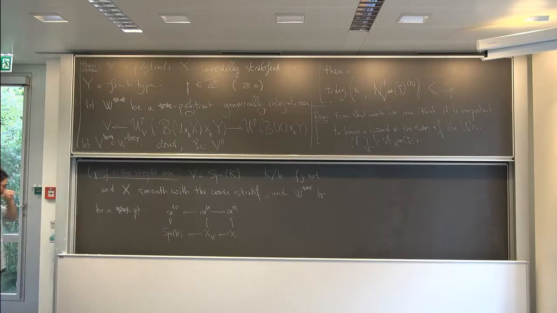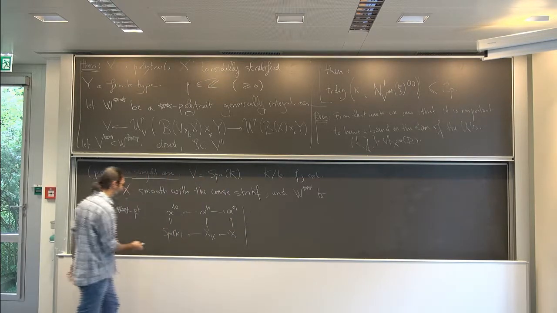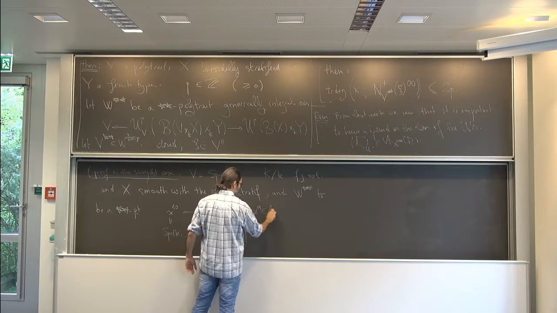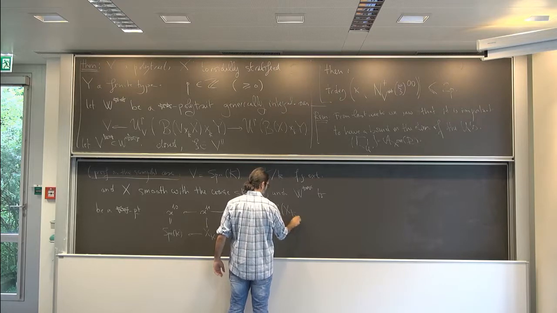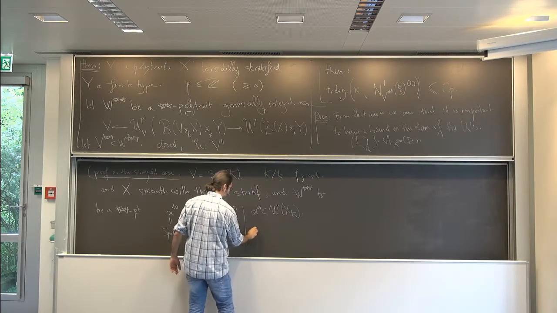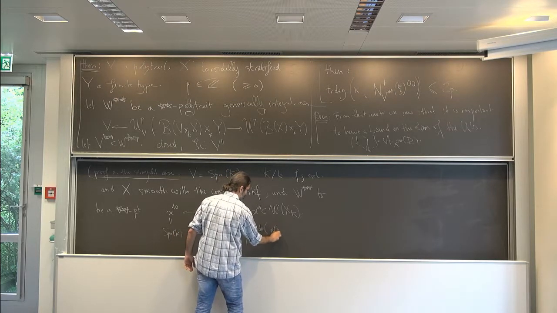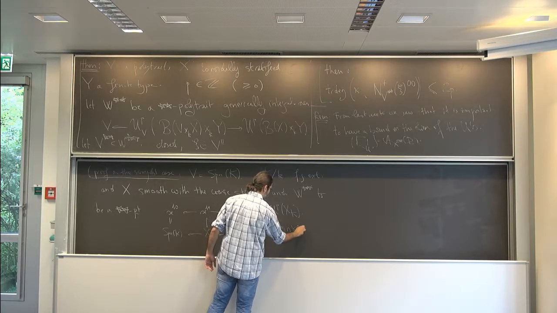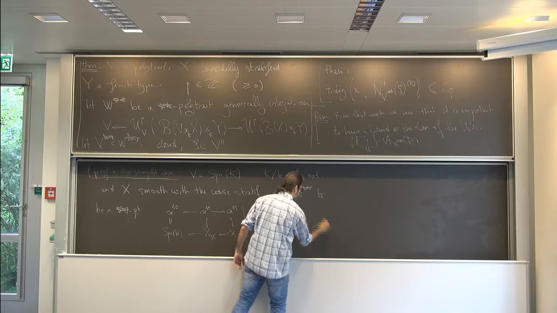So I just explain what happens in this case. The hypothesis is that X11 belongs to UP of XK, and the conclusion is that we want the transcendence degree of kappa x10 intersected with kappa x01 to be bounded by 2p, but in fact here one can show that it's bounded by p.